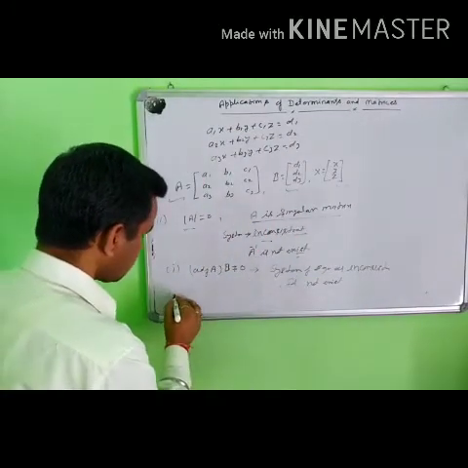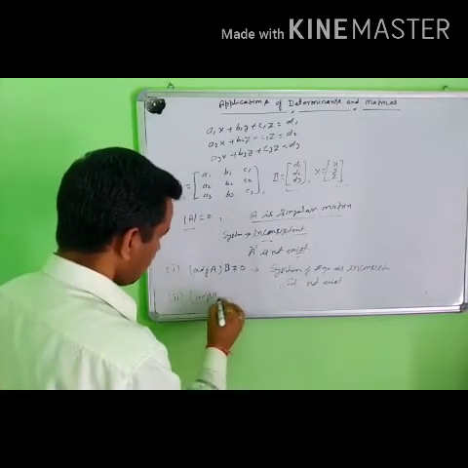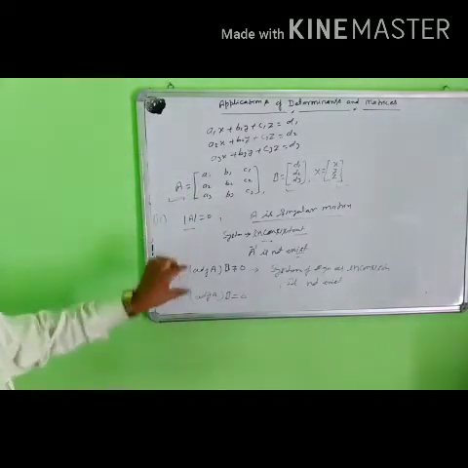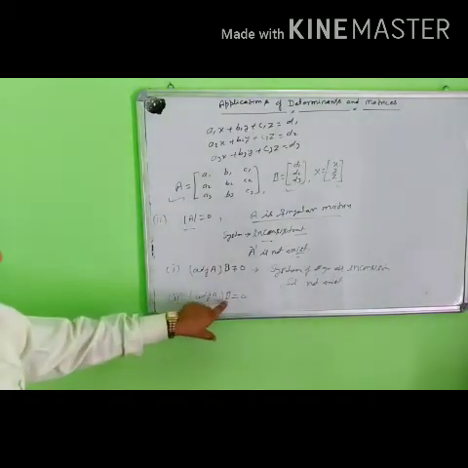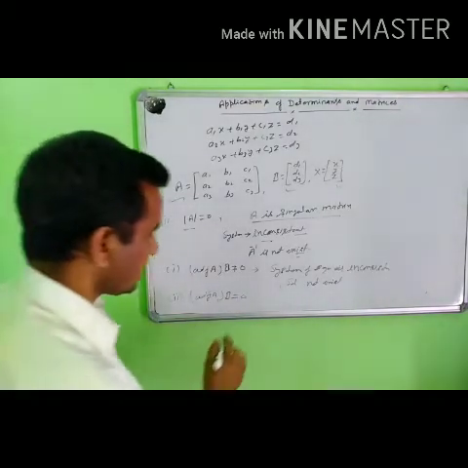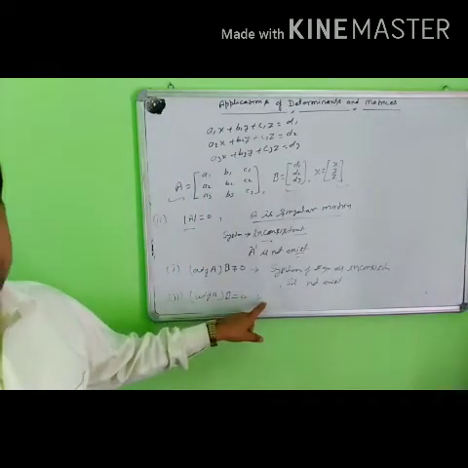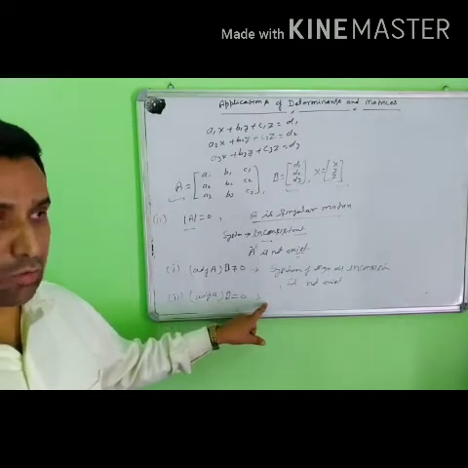Second condition: suppose adjoint A into B is equal to 0. Suppose the first condition is not followed and this condition is followed. In this condition it may be consistent or inconsistent, depending on the situation.